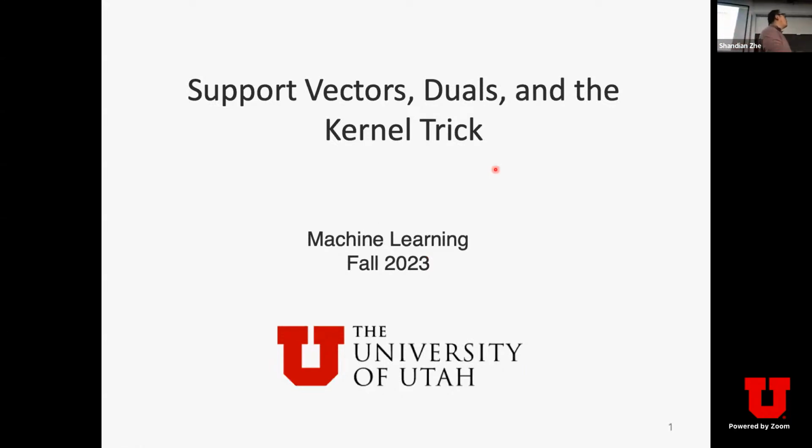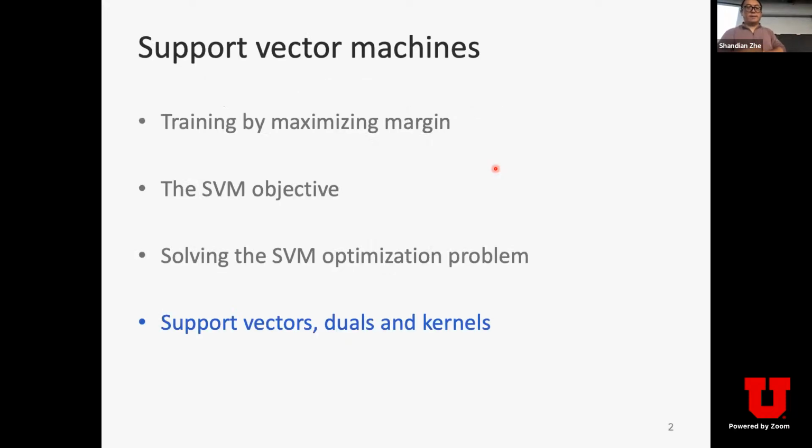Next, we're going to talk about how we generalize support vector machines to nonlinear classifiers. To flexibly extend support vector machines for nonlinear classification, we have to consider how to optimize the support vector machine objective function in the dual domain.